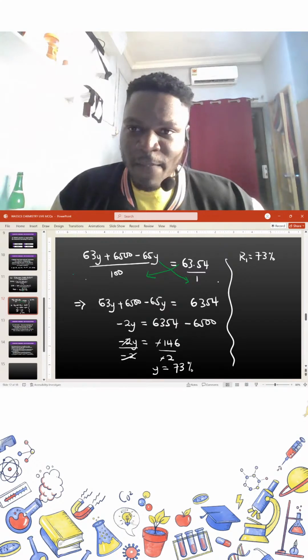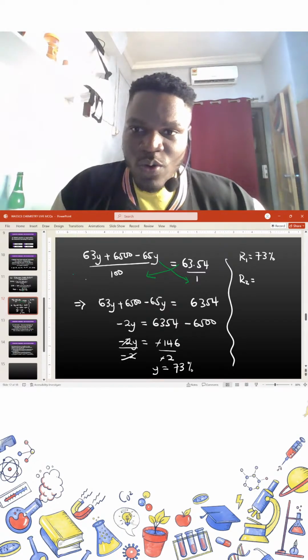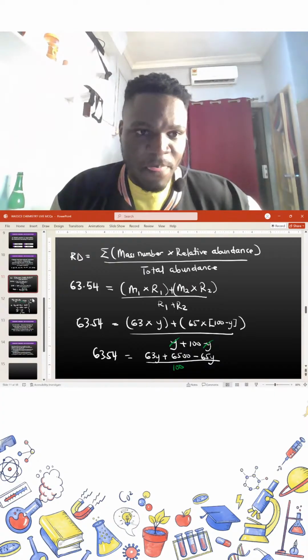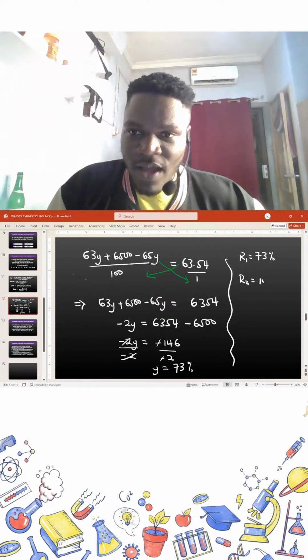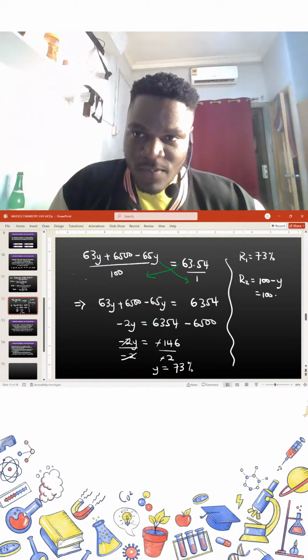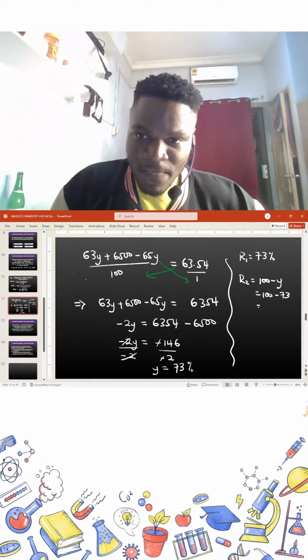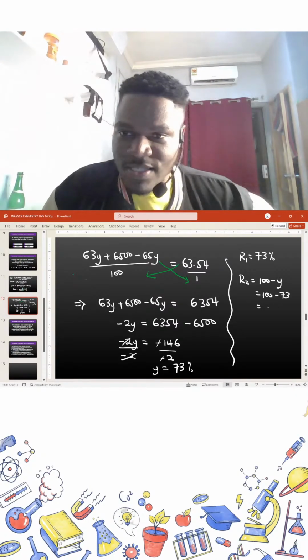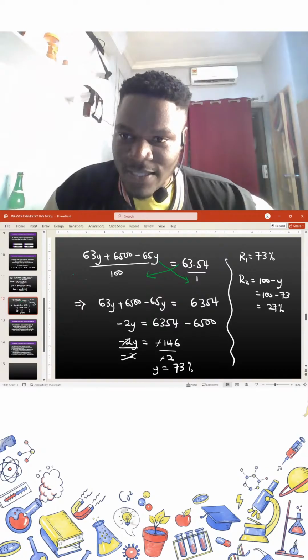Now the R2, remember we said that the R2 is represented by 100 minus y. So we will have 100 minus y, which is equal to 100 minus 73, and that will give me 27, so 27%.